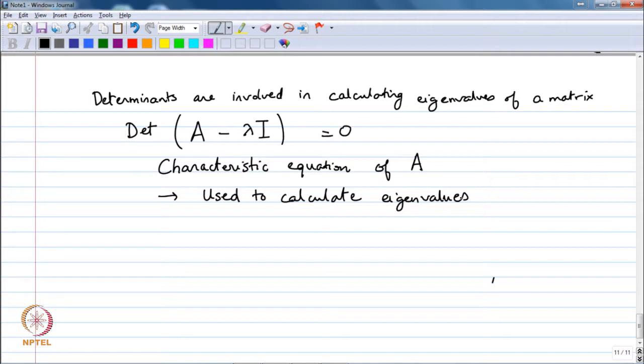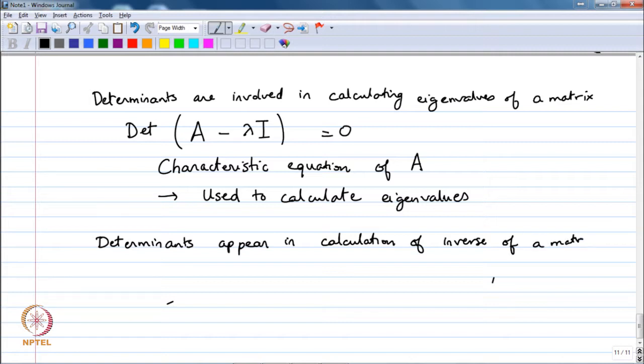Another place where determinants are involved is in the calculation of the inverse of a matrix. Suppose you had a square matrix A, then we know that A times A inverse equals the identity.